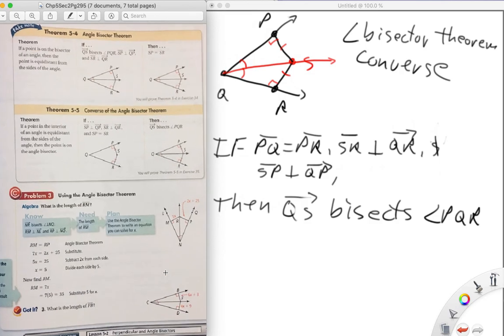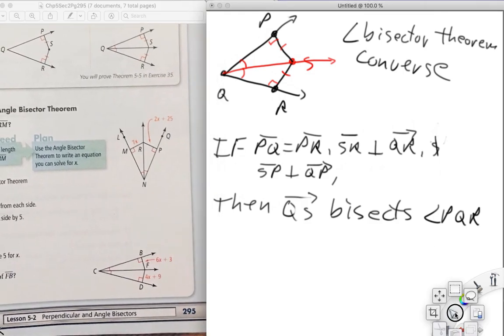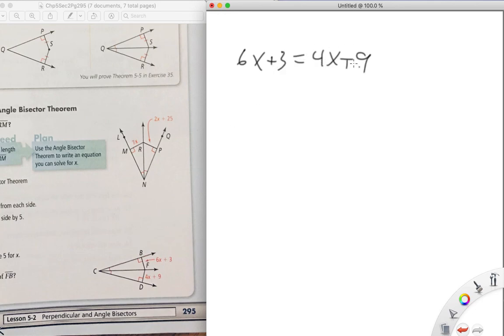All right, what can I do with that? Well, if I know that something is an angle bisector, if we look at this one down here, I can set them equal to each other. This is the angle bisector, cutting in half. These guys are perpendicular, so the angle bisector says these two must be the same. So I can say 6x plus 3, they want to know what FB is, equals 4x plus 9.